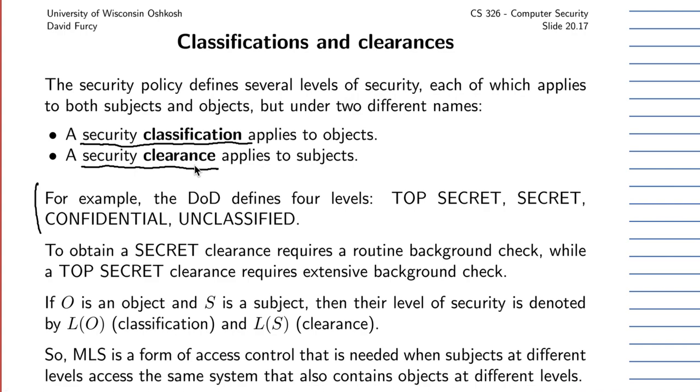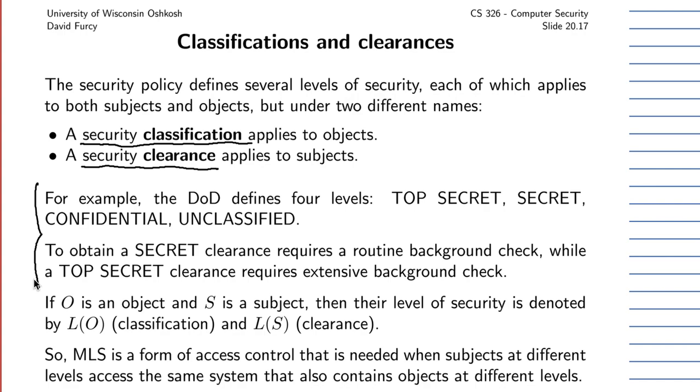Now that we have those different levels of security, each given a label, we have to assign clearances to subjects. For example, to get a secret clearance, you would be subjected to a routine background check. But to get a higher security clearance, like top secret, you have to do a much more extensive background check.